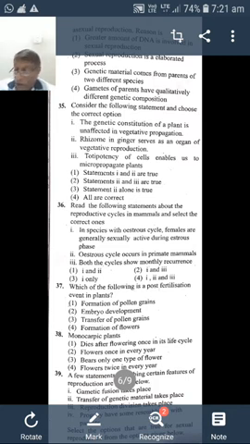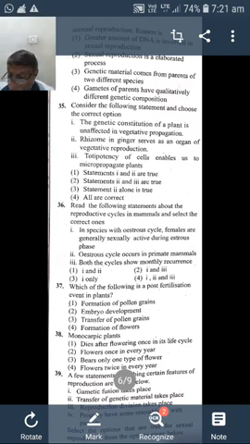Answer is all of the above. Cow, sheep, rat, deer, dogs, tiger, all of them show estrus cycle. Okay.